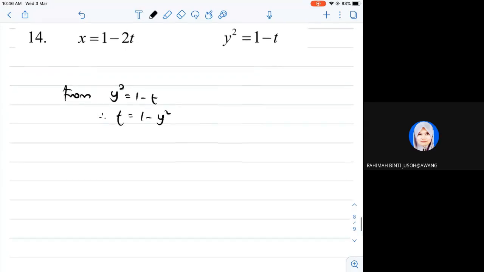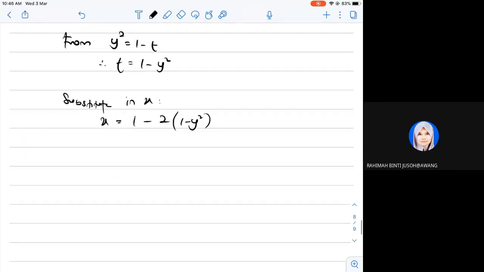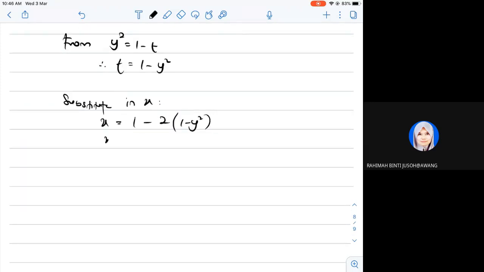So substitute je dalam X. We will have x equals 1 minus 2 times (1 minus y squared), so x equals 1 minus 2 plus 2y squared. So we will have x equals negative 1 plus 2y squared, isn't it?